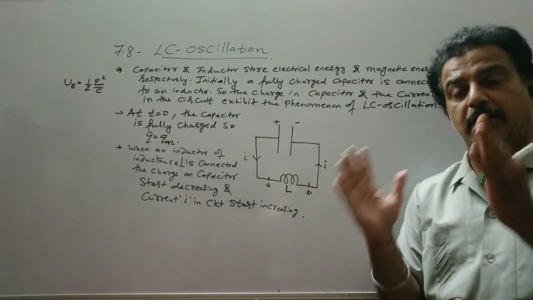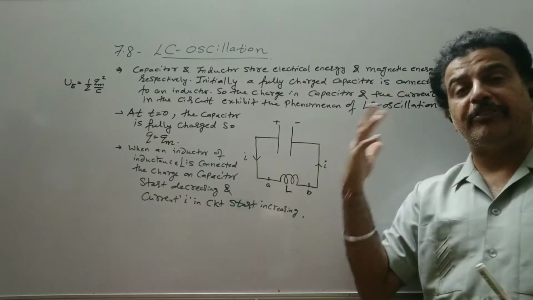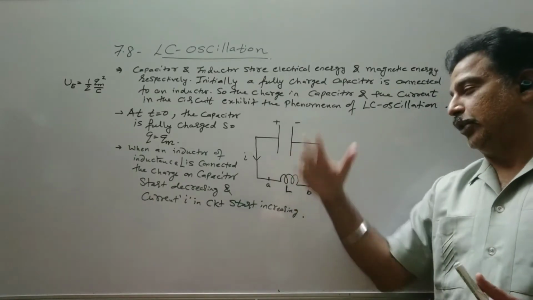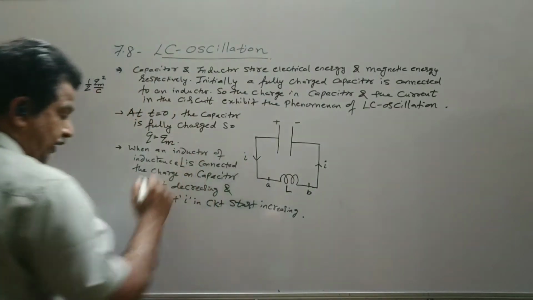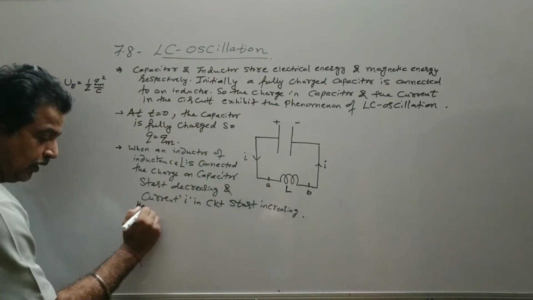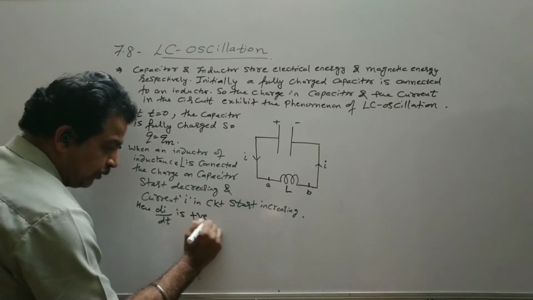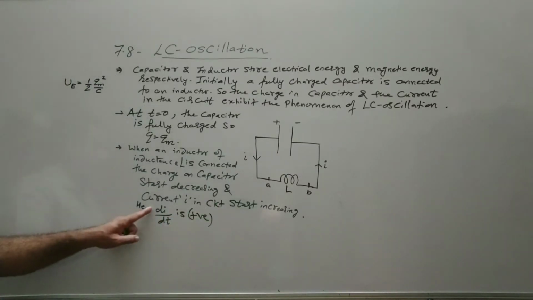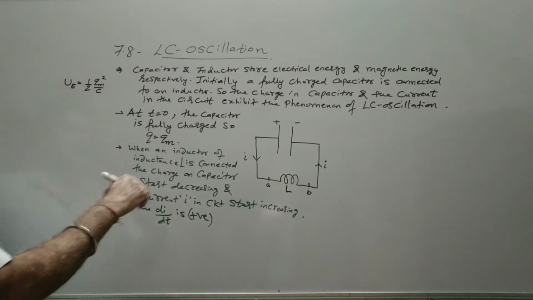So our electrical energy, which was initially stored in the capacitor in the form of electric field, is converted into magnetic energy. Now here the current is increasing, so di by dt is positive, that is change in current with respect to time. Change in current means final current minus initial current. What was the initial current?